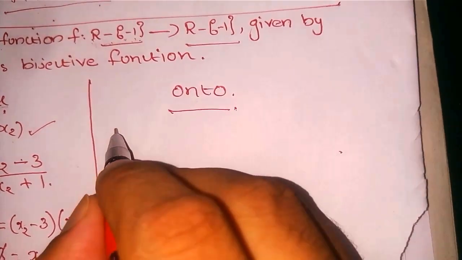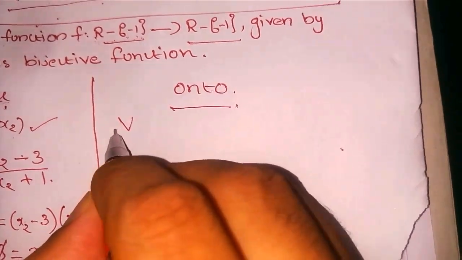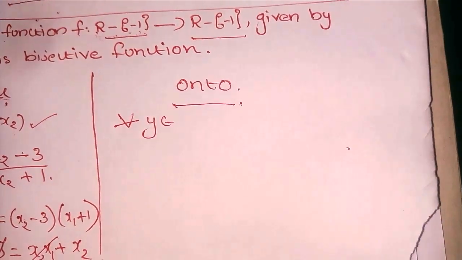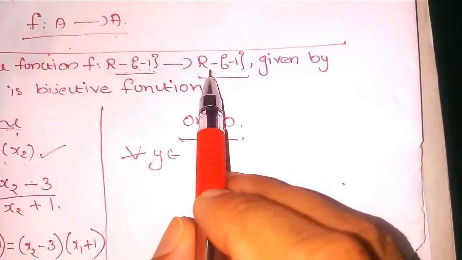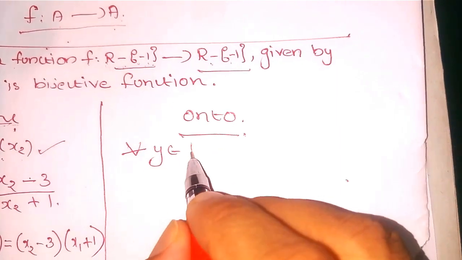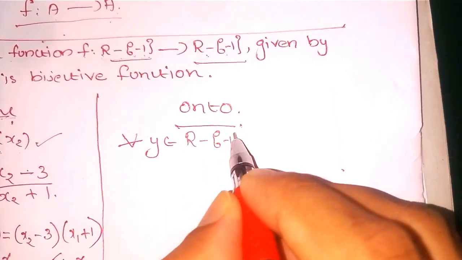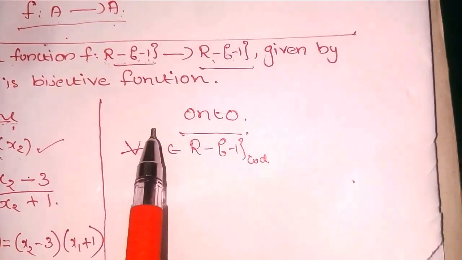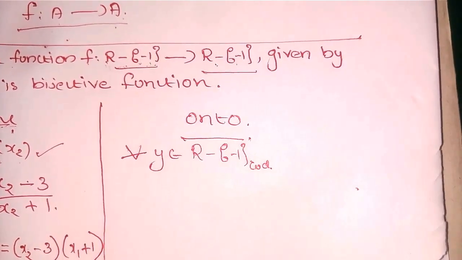Next we want to check the onto condition. To check the onto condition, where do we want to start? For every y belongs to codomain. Here codomain is R minus 1. I am representing it as codomain because domain and codomain are both equal here.